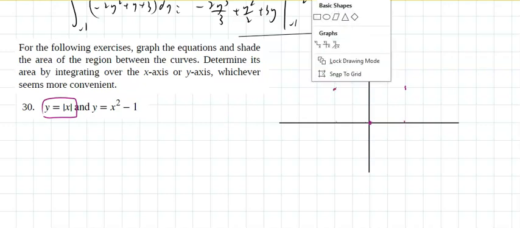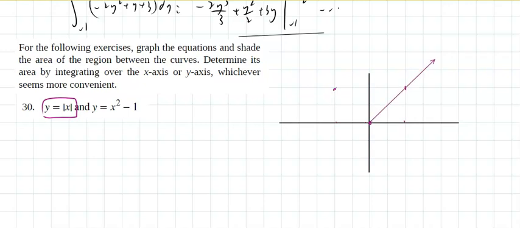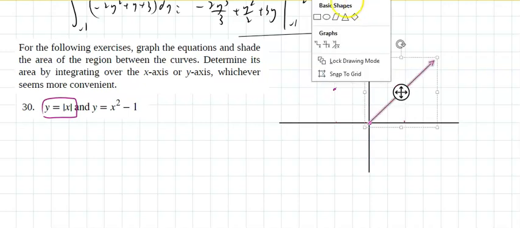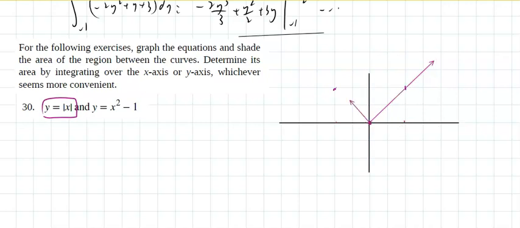So it's a graph that looks like this. And I'm enlarging the scale so we can see it better. Oh, this one's not that bad. Okay. Some of those, it's hard to see where they intersect. This one is not one of them. y equals x squared minus 1. You go up to 1, and it's an upside down parabola.